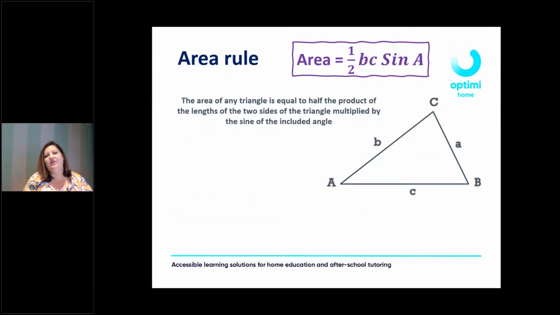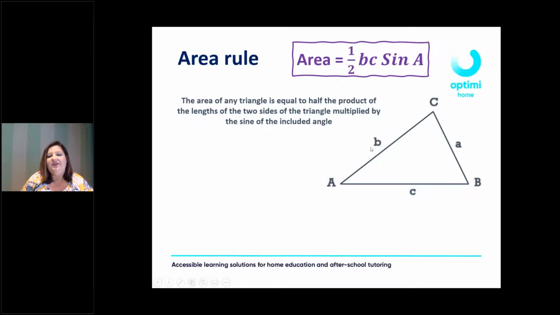So what does the area rule say? It says that the area of any triangle, do you see, it's not only a right-angled triangle, the area of any triangle is equal to half of the product of the lengths of two sides of the triangle multiplied by the sine of the included angle. So we looked at that already.